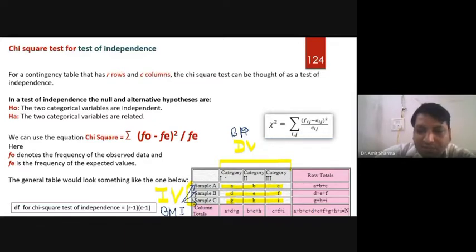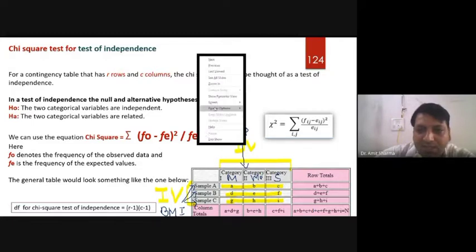Blood pressure is mild hypertension, moderate hypertension, and severe hypertension. You can also take the classification of blood pressure as stage 1, stage 2, or stage 3 hypertension. So you will have categories 1, 2, 3, and samples 1, 2, 3. A table like this is called a contingency table.